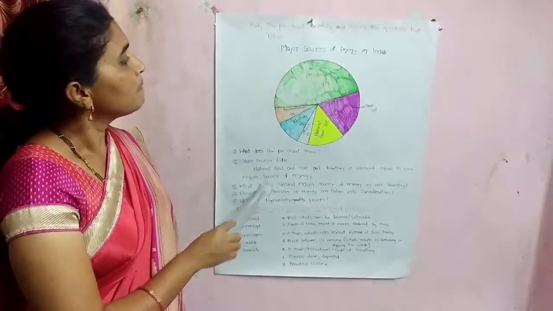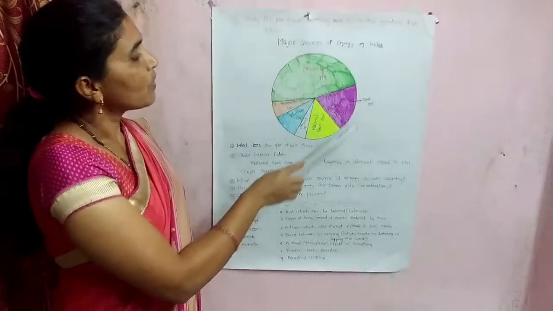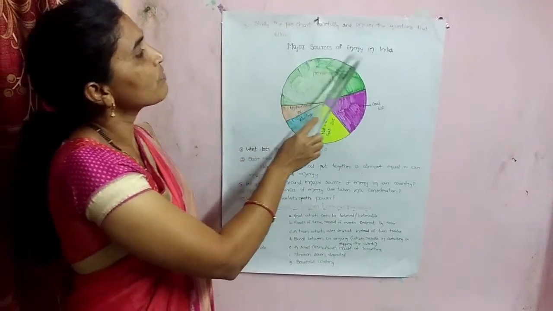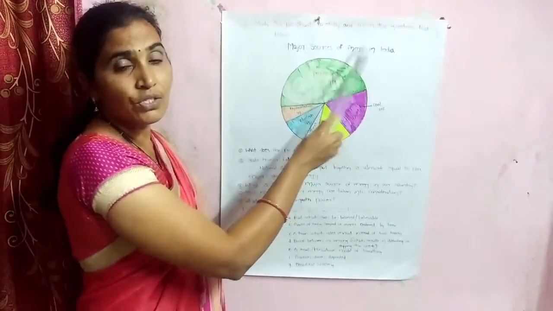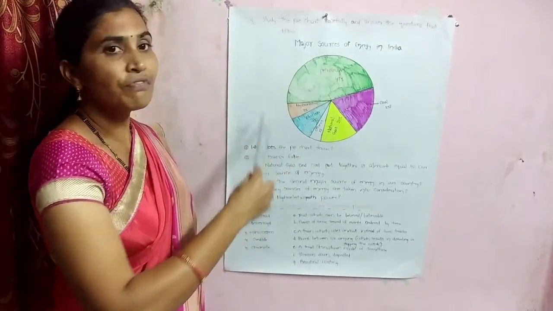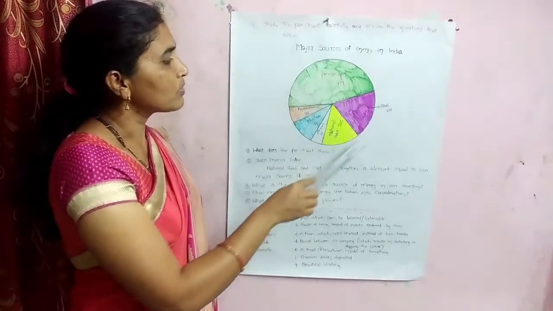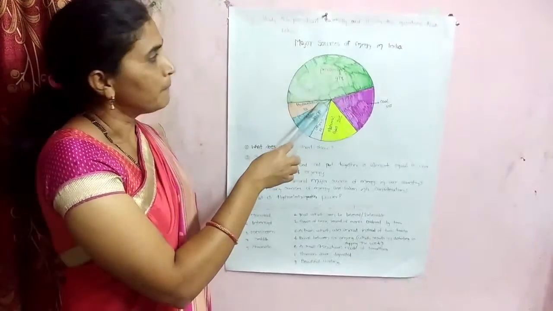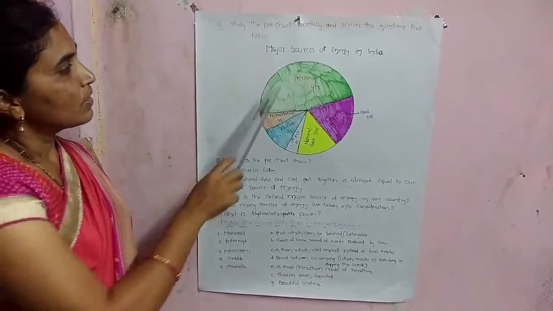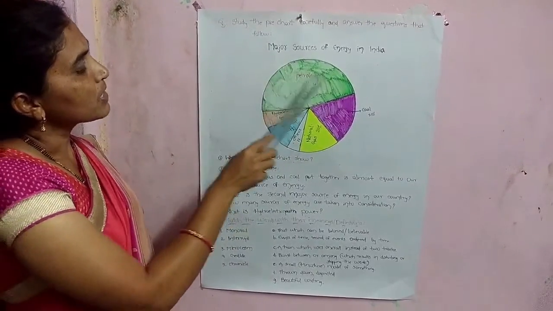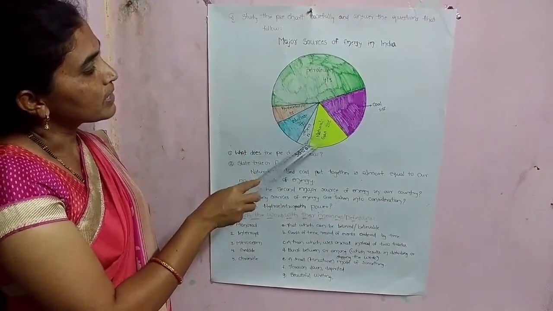See, this pie chart is about what? Major source of energy in India. So what are the major sources of energies that are considered in India? So this is the pie chart title. In this pie chart, the information is conveyed in percentages.